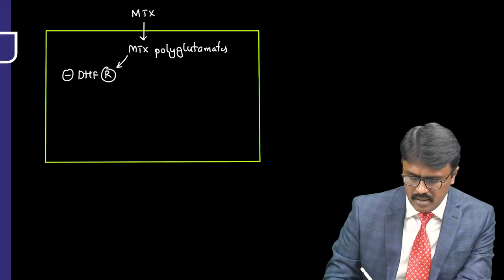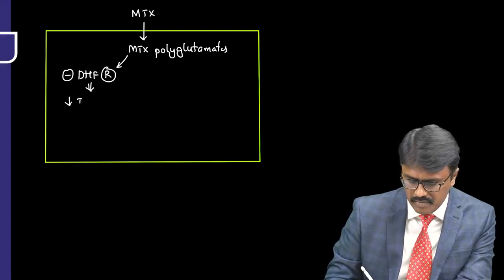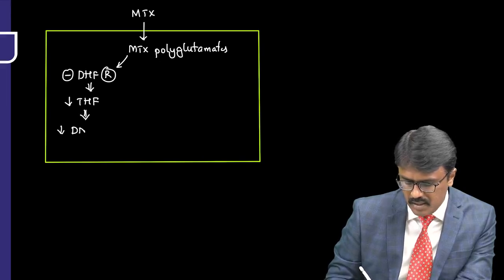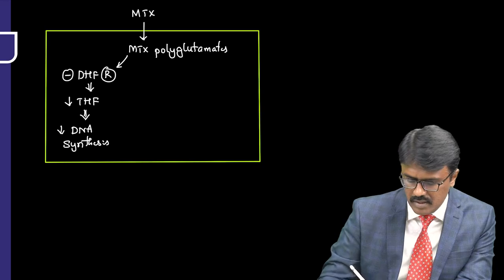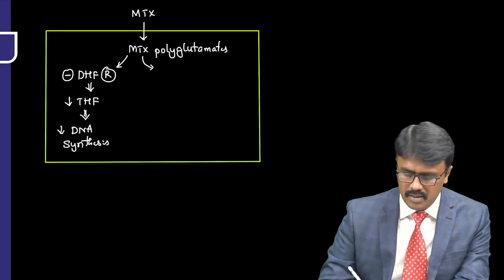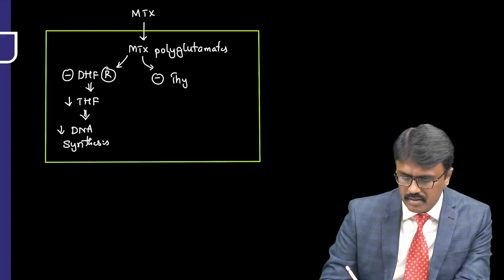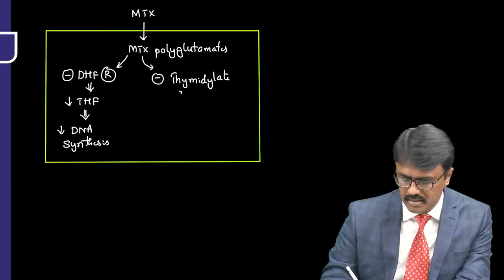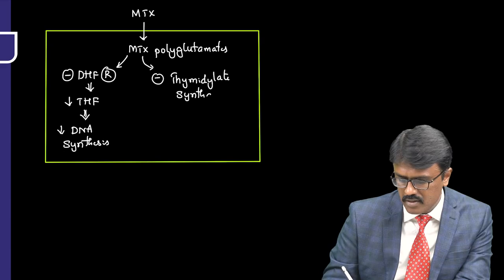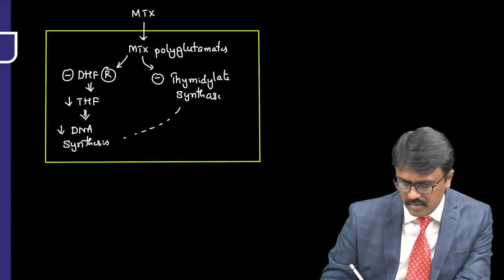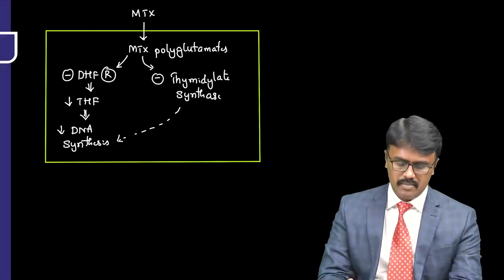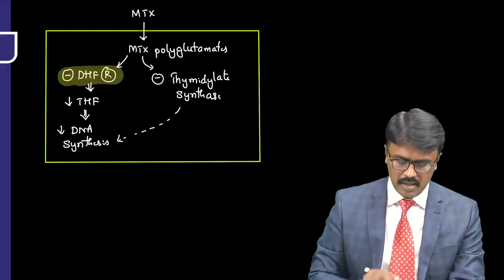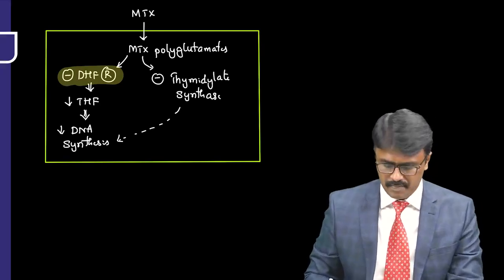When it inhibits that enzyme, there is a decrease in tetrahydrofolate, and so a decrease in DNA synthesis. Second, methotrexate also inhibits an enzyme called thymidylate synthase. If we inhibit that, that is also responsible for a decrease in DNA synthesis. So two important mechanisms, and the main mechanism is inhibiting the dihydrofolate reductase enzyme.